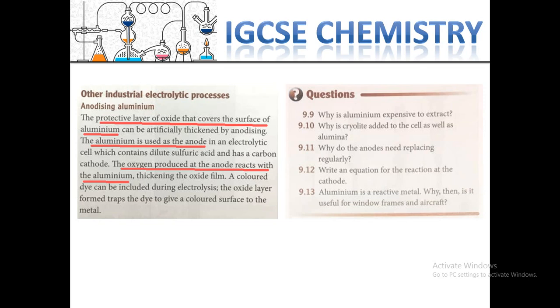After scratching, you can remove the thin layer on the outer surface. That layer can also be obtained by this electrolytic process. So it's good to protect metals that are reactive with the oxygen available in air.